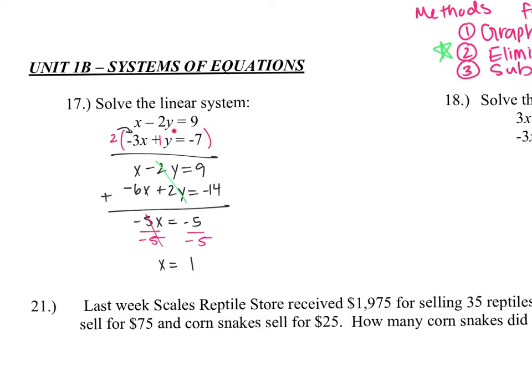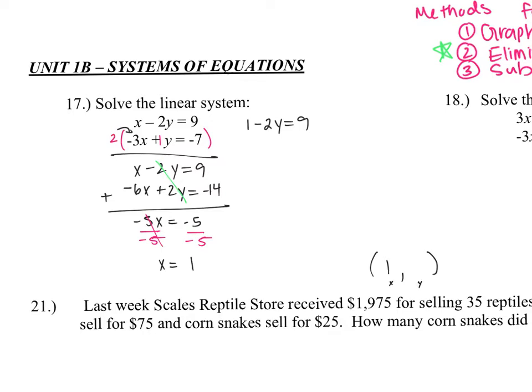I need to find the y value now. You can choose either equation. Maybe I'll choose the top equation here. If I plug in 1 for x, I have 1 minus 2y equals 9. All I did was take this 1, plug it in, and write the equation out. I'm going to try to get y by itself, because I'm trying to write this as a coordinate for my solution. I already have the x value, which is 1, and I need to find the y value.